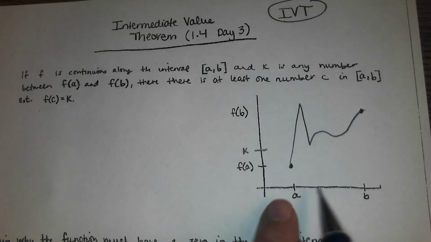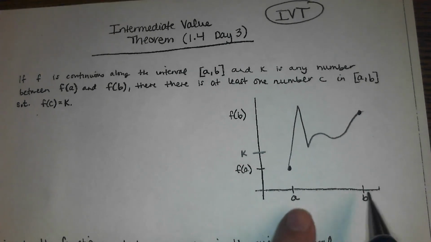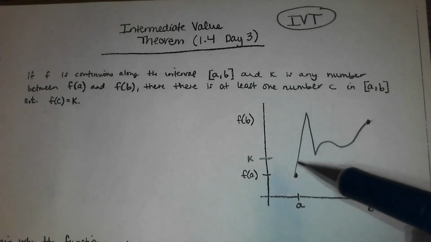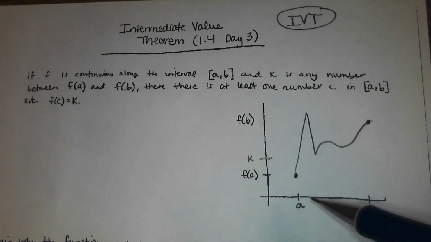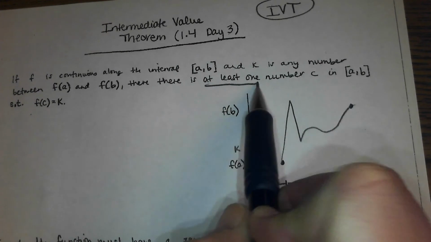So essentially one x value between a and b, and I can't really just put this anywhere because I have to figure out where it actually is. There has to be some c value so that f of c will equal that k value. And at least one. There could be multiple.